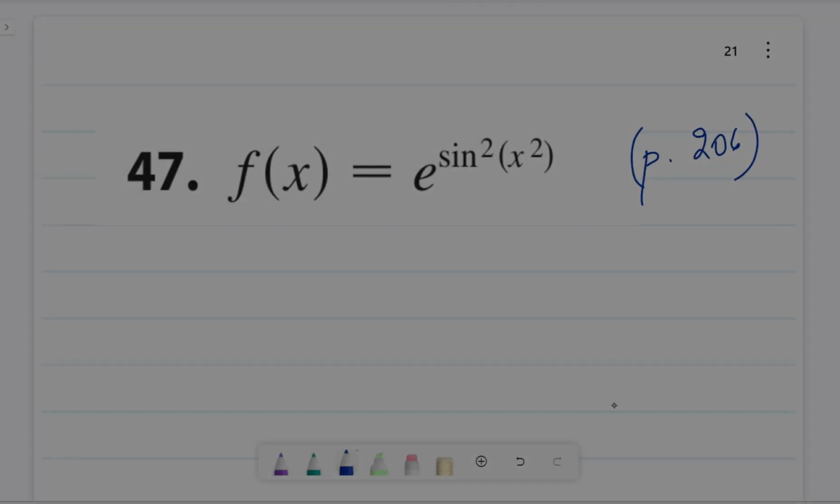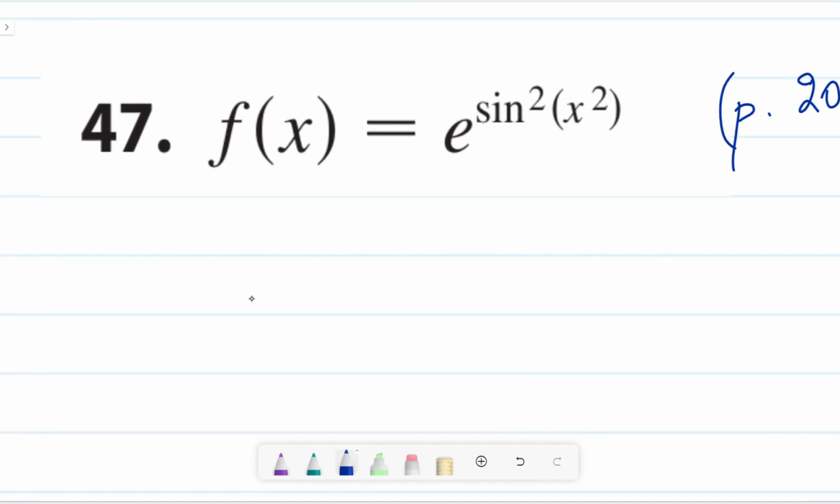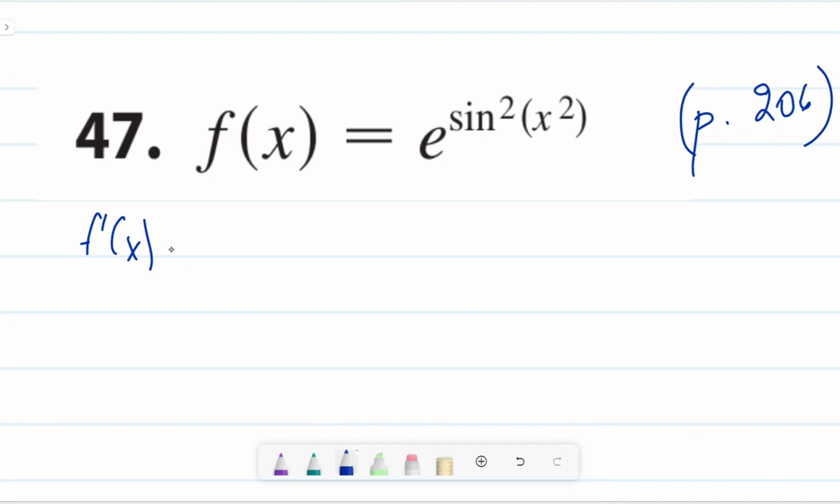Let's move to our final example for derivatives today. Given f of x equals e to the power of sine squared of x squared, let's find the derivative of f of x. Usually we say e to the power of x, its derivative is e to the power of x. However, here it's not e to the power of x, it's e to the power of sine squared of x squared.